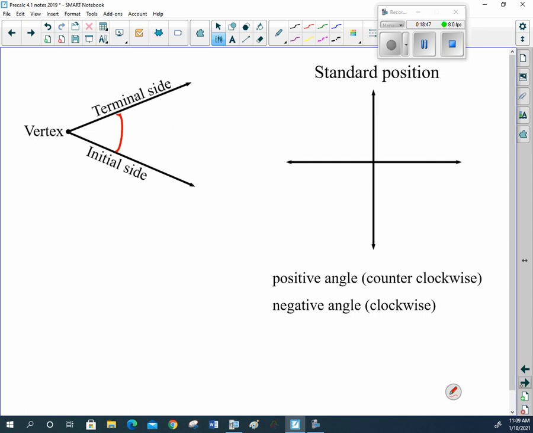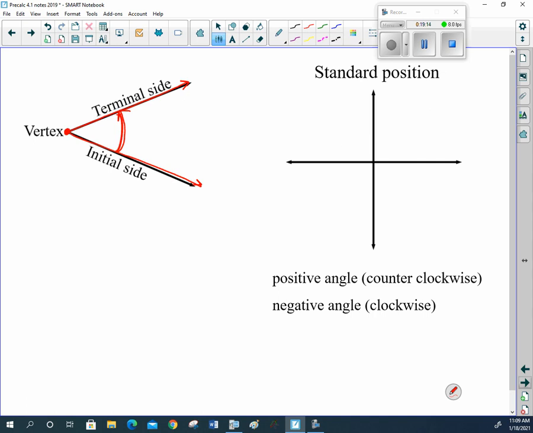Okay, now these angle measures, we're going to just start graphing them and putting them in quadrants and working with them. So just a couple of vocabulary words. When you're drawing an angle, you're always going to have an initial side, and then you do some kind of a rotation to the terminal side. Okay, and then this point right here is your vertex. So initial side, terminal side.